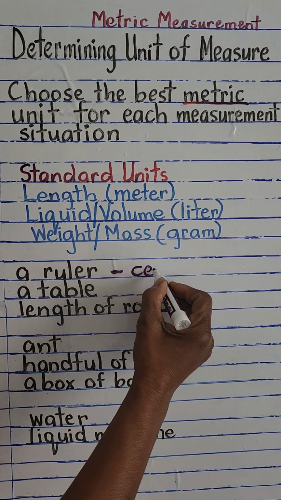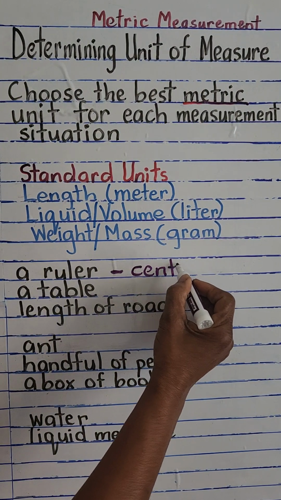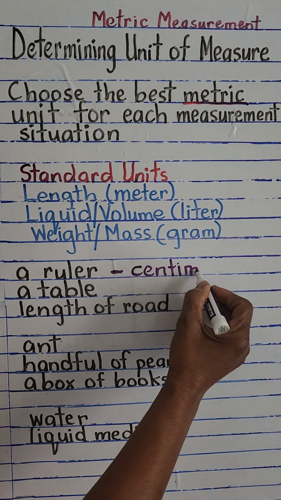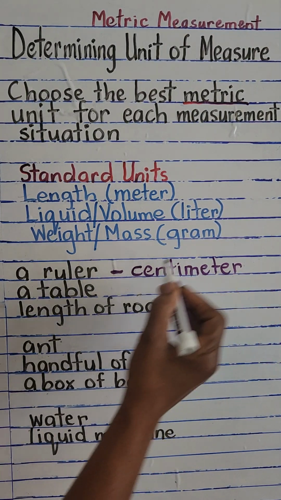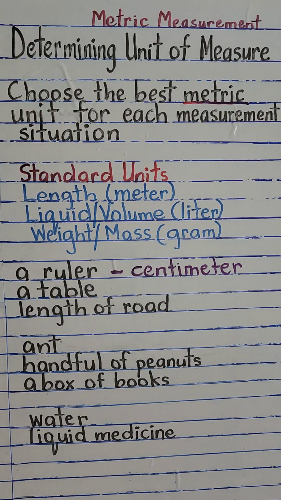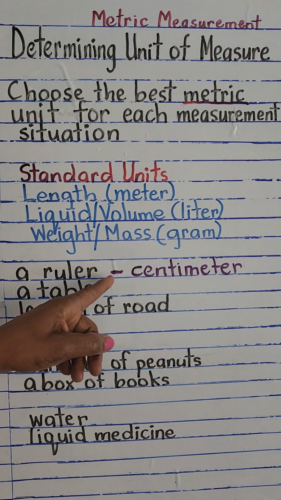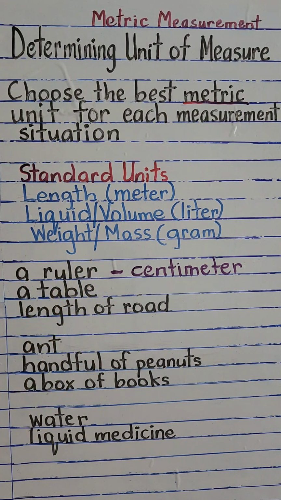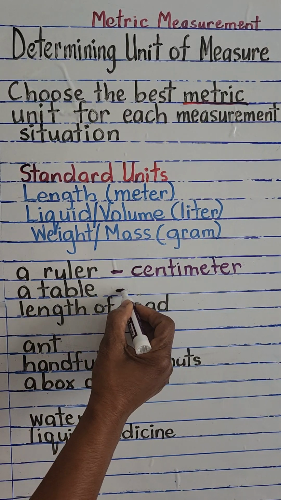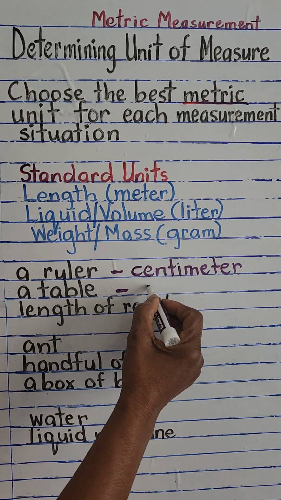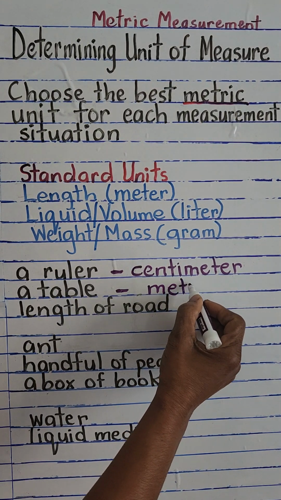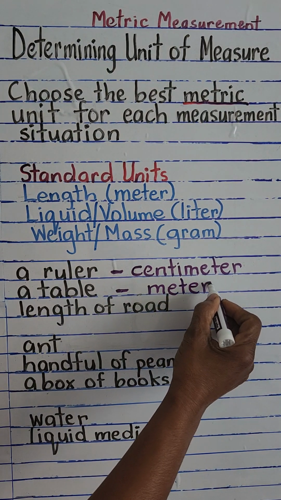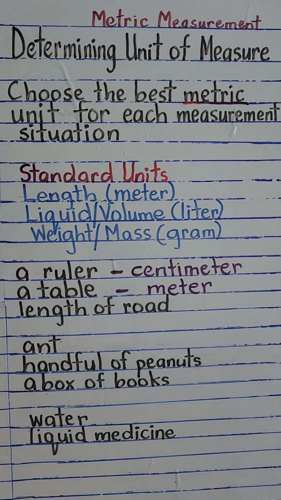So this is centimeter. A table, we would use meter. And the length of a road would be kilometer.